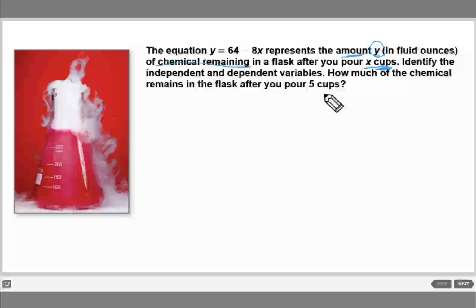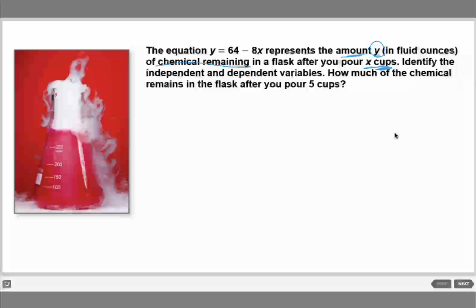You put the number of cups first, or you get the remaining first? You put the cups first. Of course. So x, what you use first is x, the number of cups.